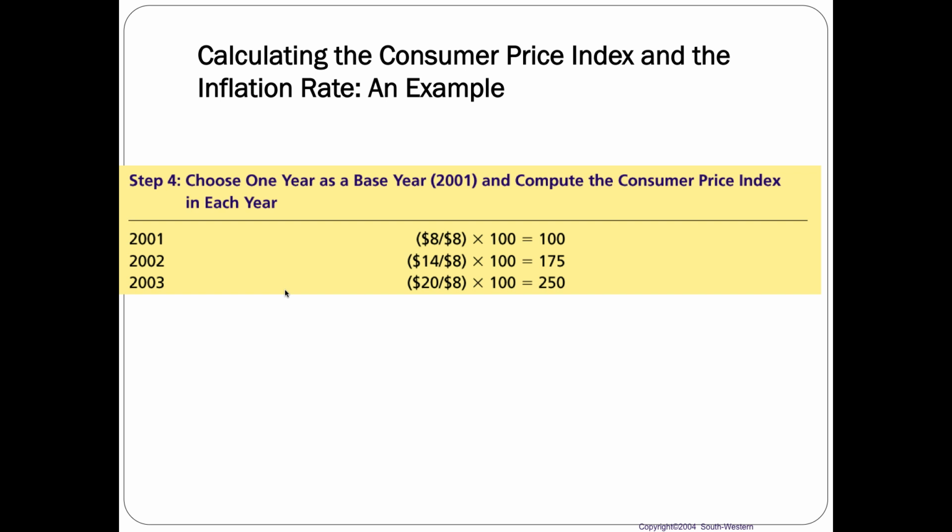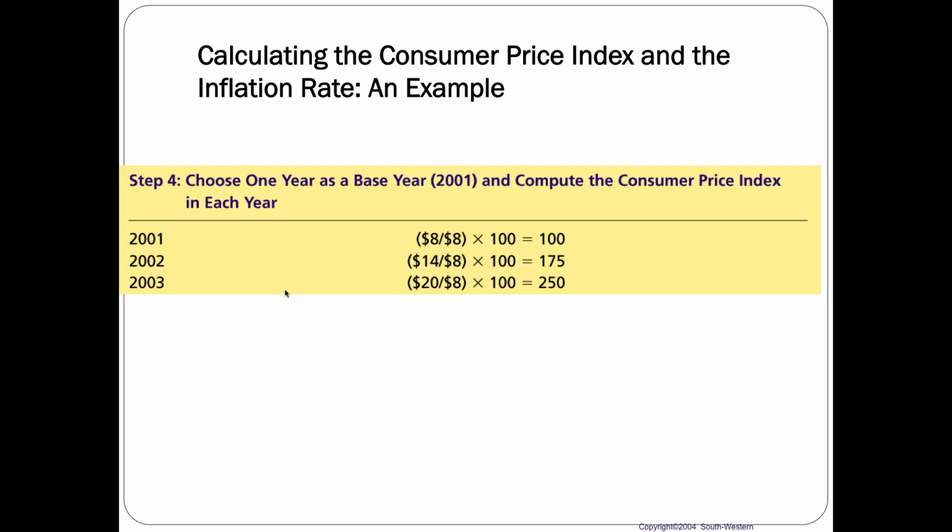So that is the major reason why the base year is always going to be 100, because the price of the basket in 1 year and the base year are going to be the same, so that's going to give you 1 times 100, and you get 100.